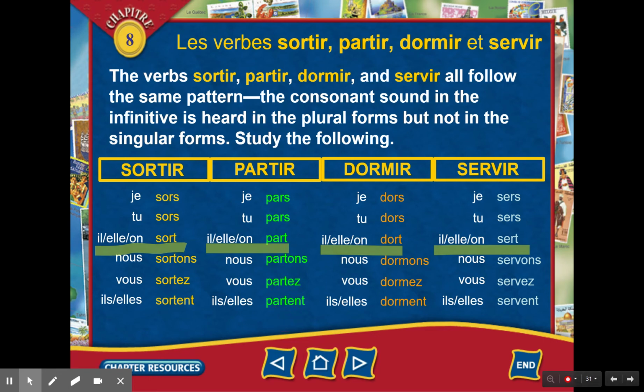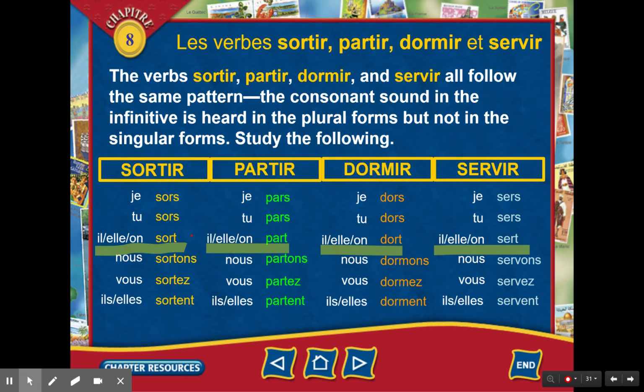Look at dormir. Dormir has an M in the middle. I'm going to drag that down and stick it right in the middle of my plural conjugations. And then servir has a V in the middle. And I want to make sure that V shows up in my plural stems like that. So that's pretty easy, not too bad there.